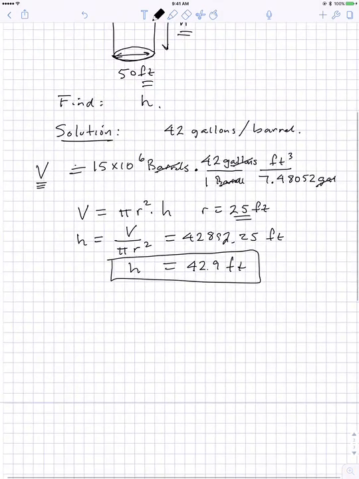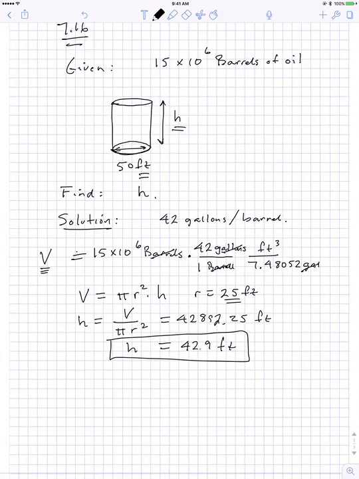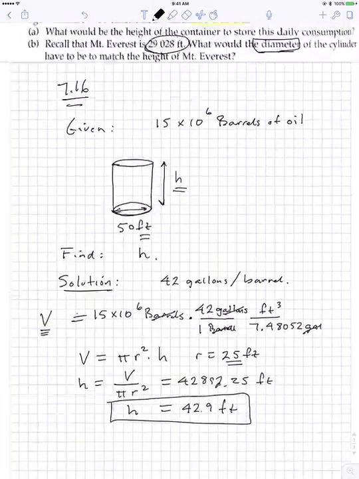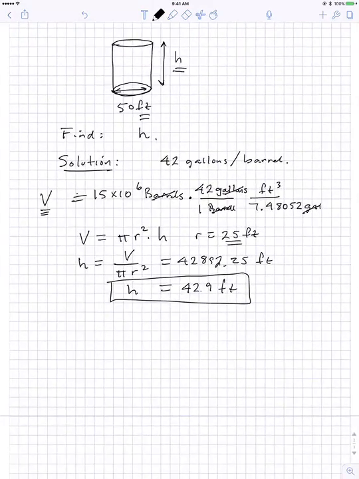Next, in part B, we were asked to find, suppose you wanted to have a cylinder as tall as Mount Everest, what would the diameter of the cylinder be? And we're given the height of Mount Everest to be 29,028 feet.